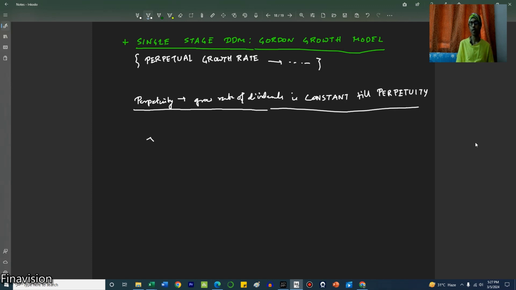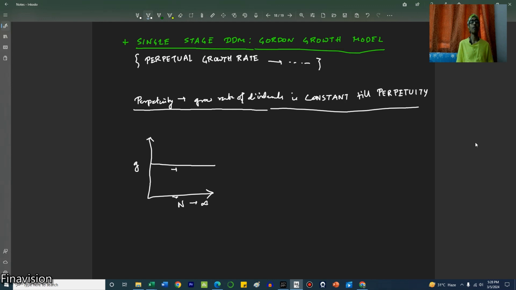So if you draw a graph, let's say you are going to draw a graph where here there is the growth rate, here there is time, number of periods. The line goes like this, it's a straight line because it's a constant. I'm not drawing it properly, but basically this line and this line are parallel. It's going to be constant till perpetuity, right?